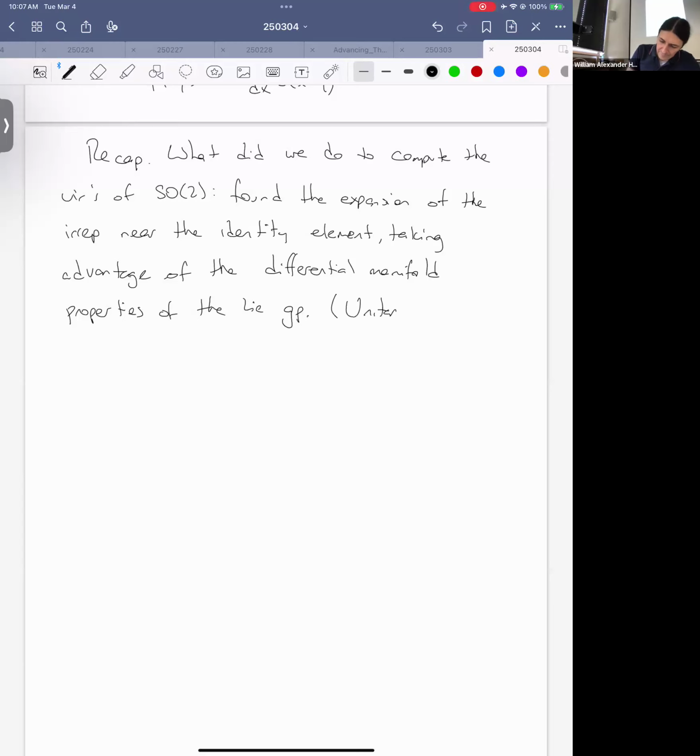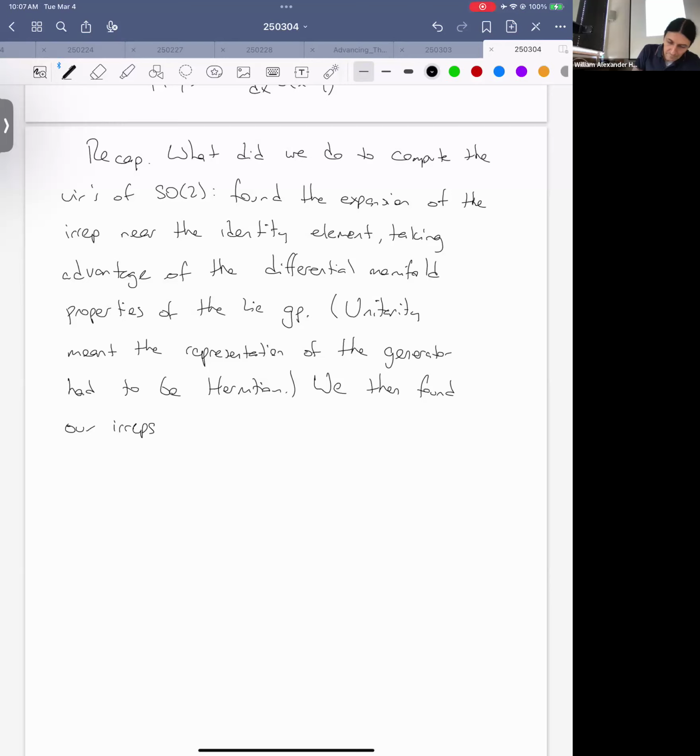And parenthetically, unitarity meant that the linear term, the representation of the generator, had to be Hermitian. And then we found our irreps to be an exponentiation of this Hermitian operator.